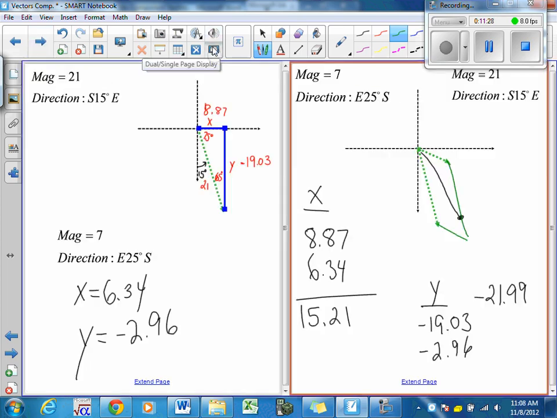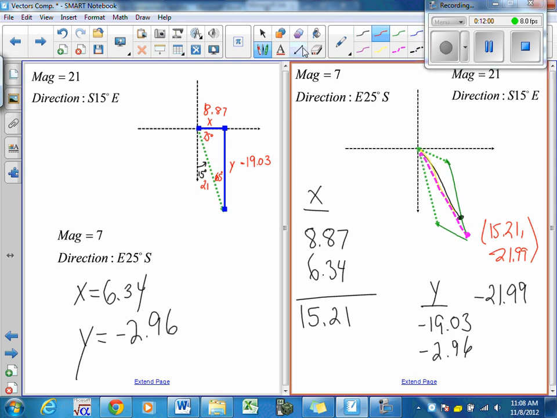Now, once you find your x's and y's, how do you determine your direction and magnitude? Because all you have is a resultant. And you know this point here is 15.21, negative 21.99.